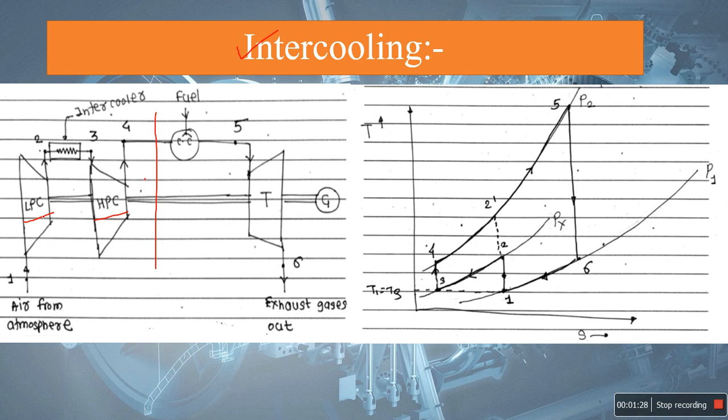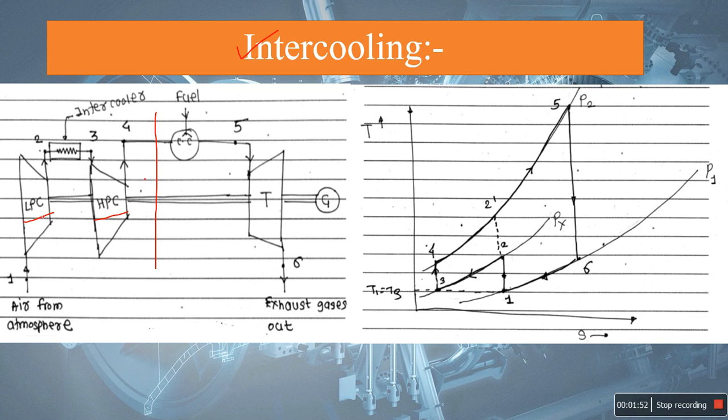In the compressor chapter videos, we discussed the two-stage compressor in detail, and you also know that the work required by a two-stage compressor is less as compared to a single-stage compressor.